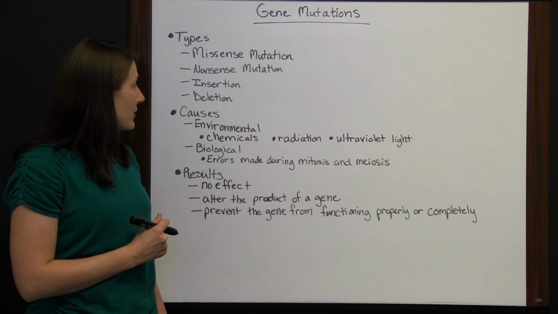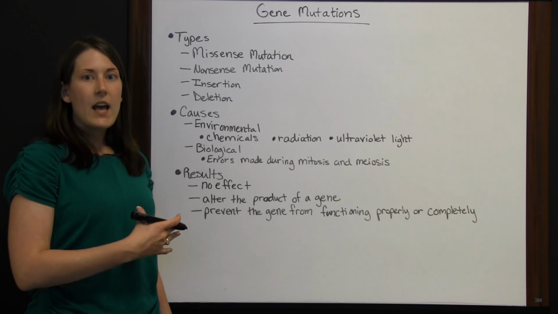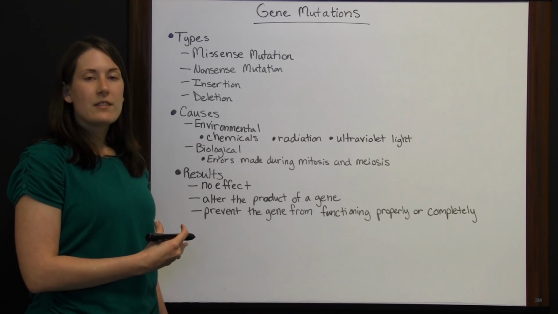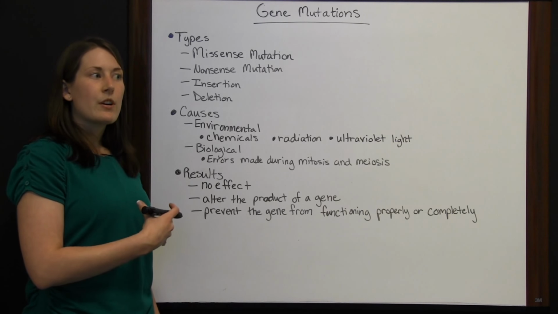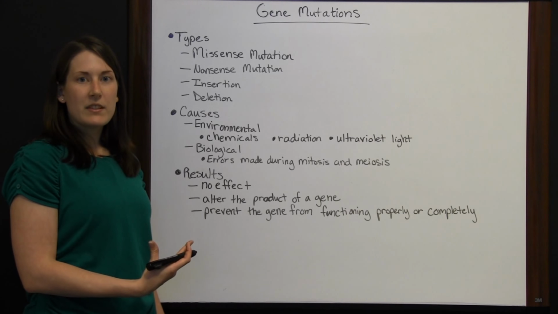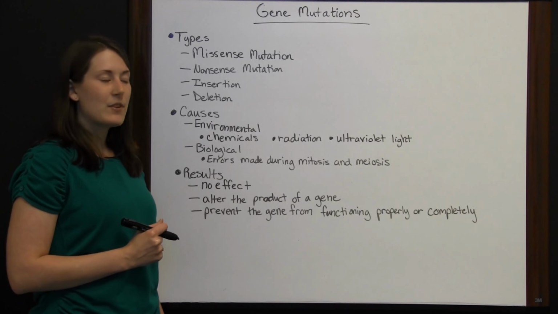And then you can have beneficial mutations, such as the one that causes sickle cell disease. In the area where sickle cell disease developed, people that had the sickle cell disease were able to fight off malaria better, and so it was a survival benefit to have that mutation.